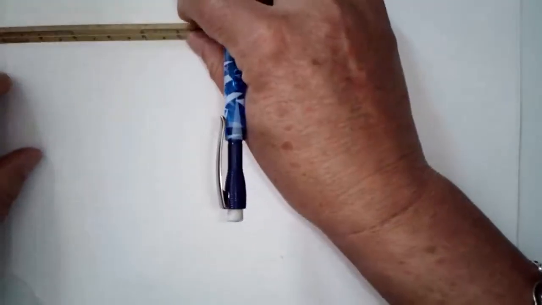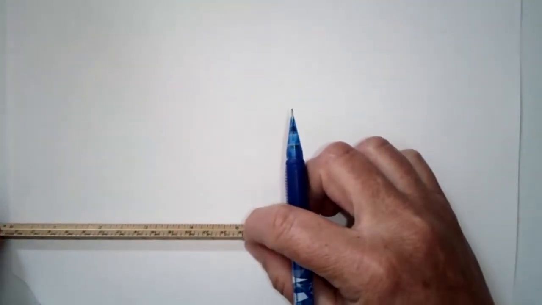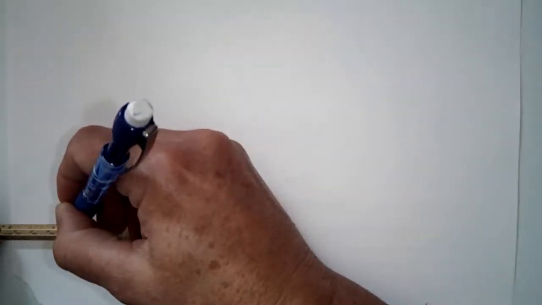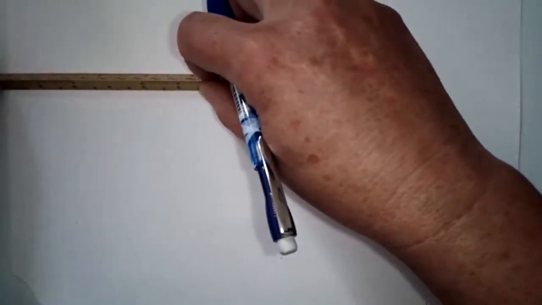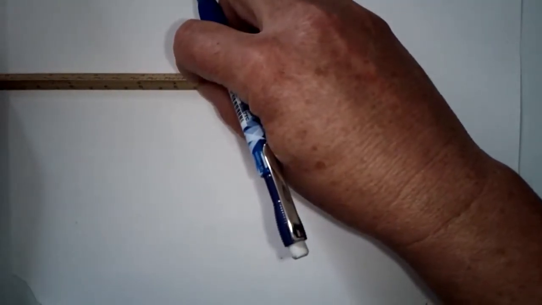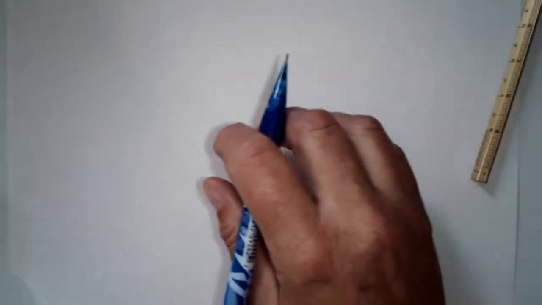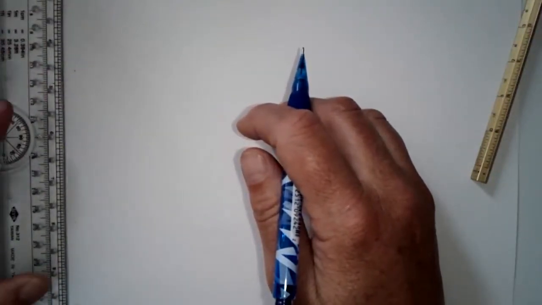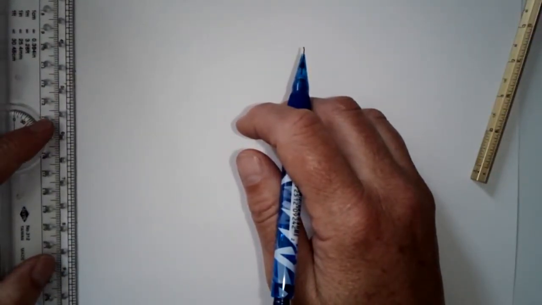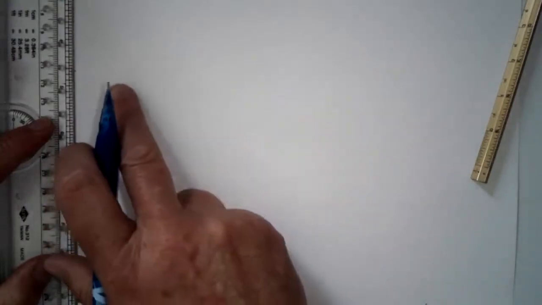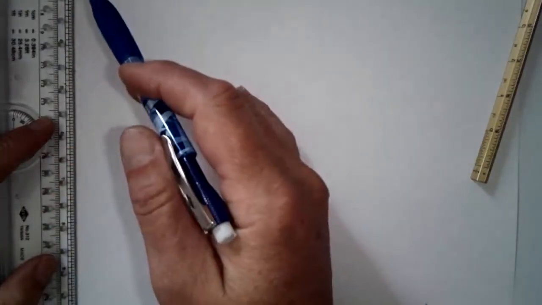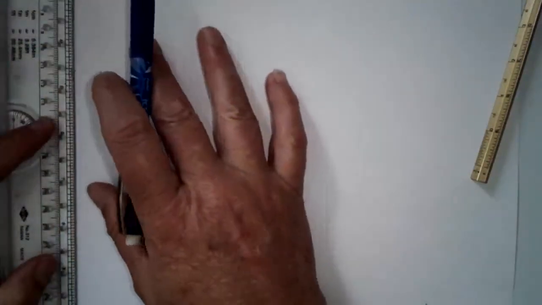I'm going to measure over 1.5 inches from the edge of the paper in 2 places. And the reason I'm doing that in 2 places is that will ensure that when I line up my straight edge with those 2 dots I created, it is going to be parallel to that edge of the paper.